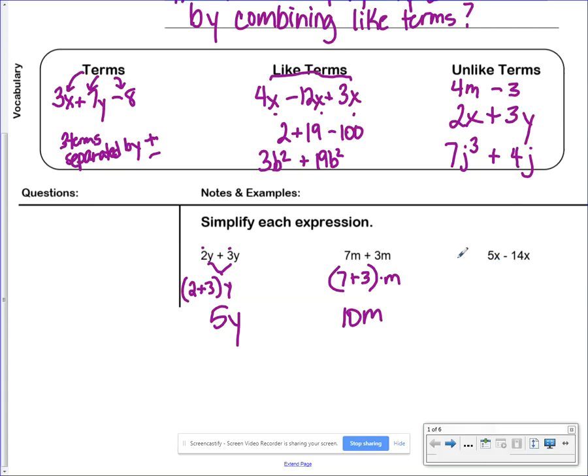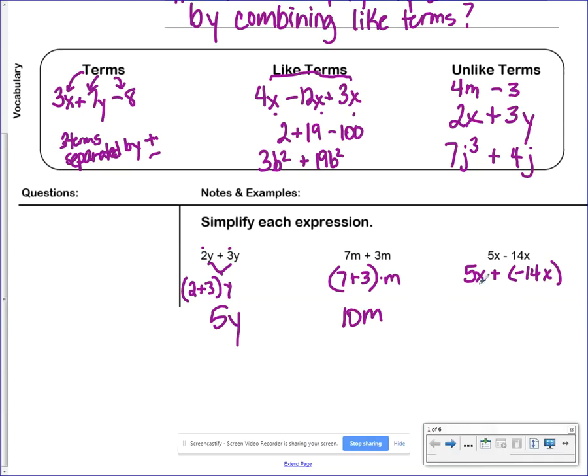Now, when we are talking about a subtraction, here's how I need you to start thinking of this. You recall when we were doing integers way back in about module 1, we were thinking this is 5x. Subtraction really means add the opposite. So you can think of this as negative 14x, okay?